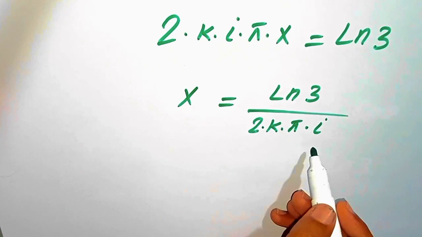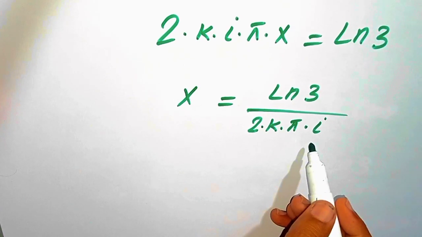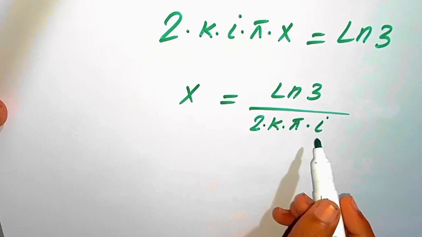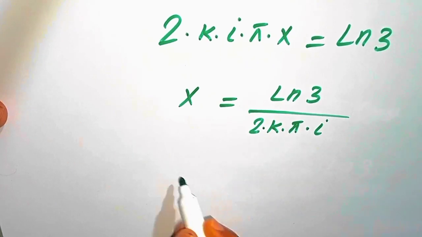Now in the denominator there is iota, so we rationalize to remove this iota from the denominator.